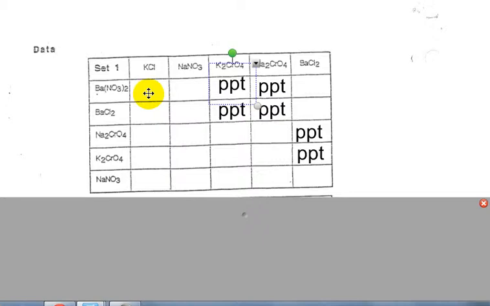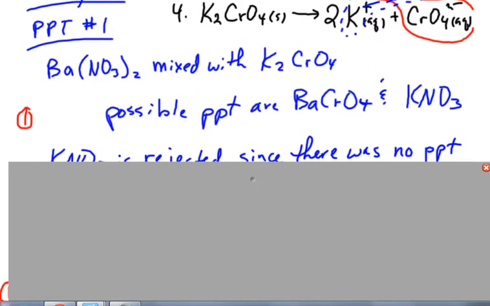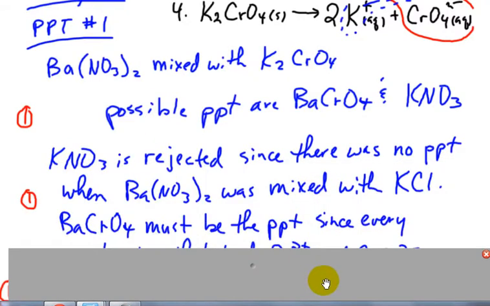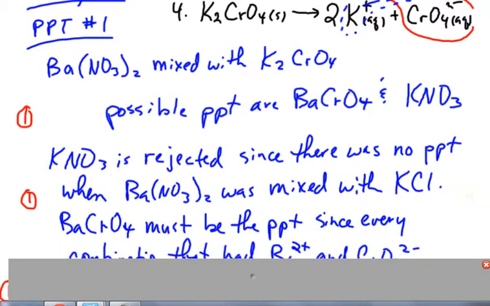So that tells you right off the bat that potassium nitrate is not the precipitate because nothing happened in that box. So that's all I said here. All I have to do is just find an instance in which that happens. So KNO3 is rejected since there is no precipitate in that box I just talked about when barium nitrate was mixed with potassium chloride.